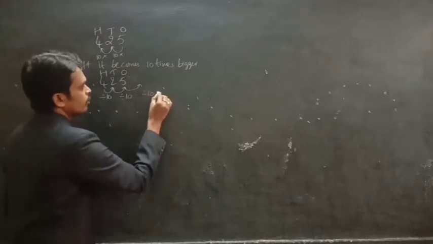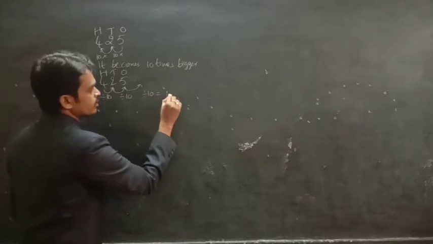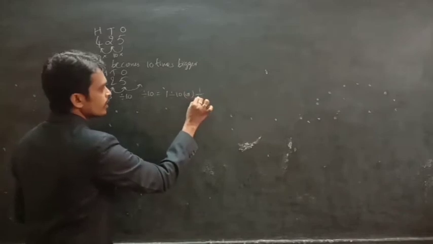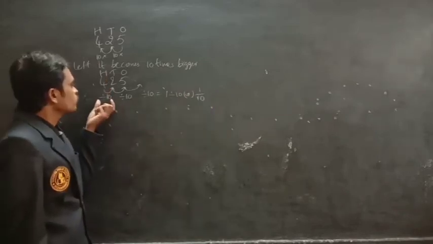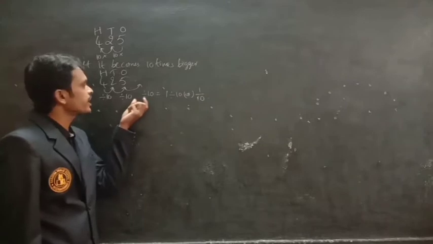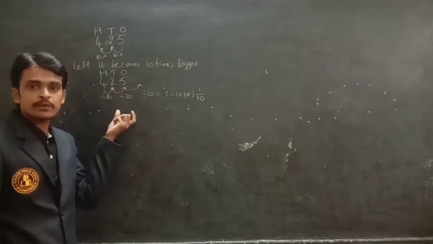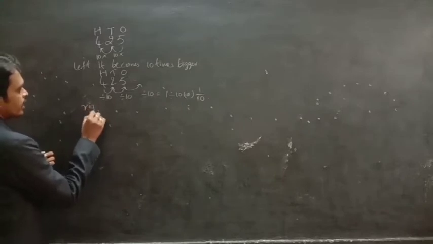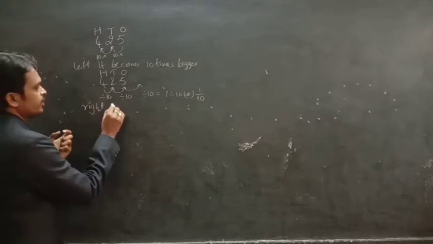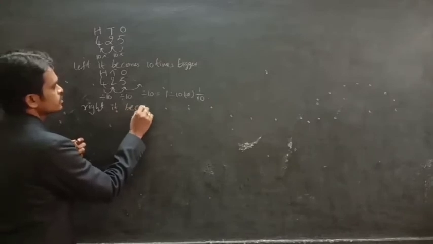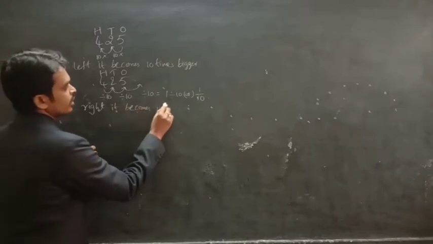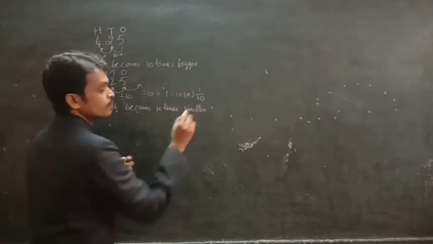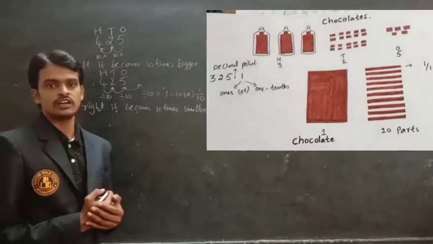Then we will write the 1's place as 1 divided by 10, or 1 by 10. If I am moving towards the right side, what is happening here? It becomes 10 times smaller.